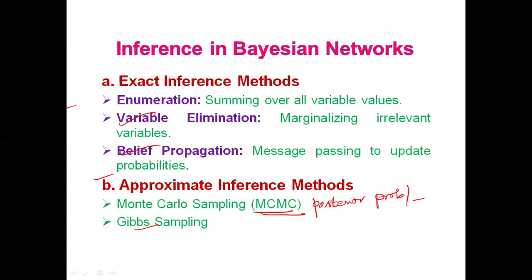It is useful when exact inference is computationally infeasible. Next, Gibbs sampling, a specific type of MCMC that iteratively samples from the conditional distribution of each variable, converging to the joint distribution over time.